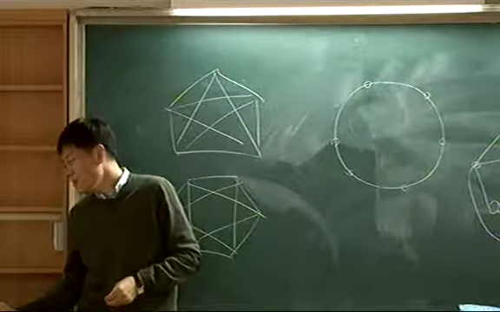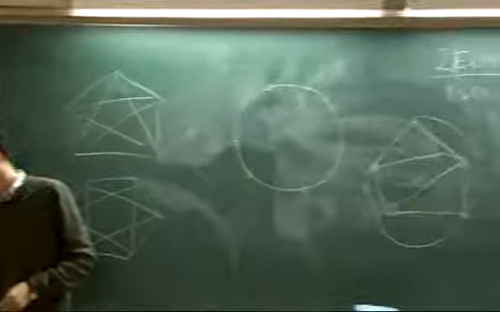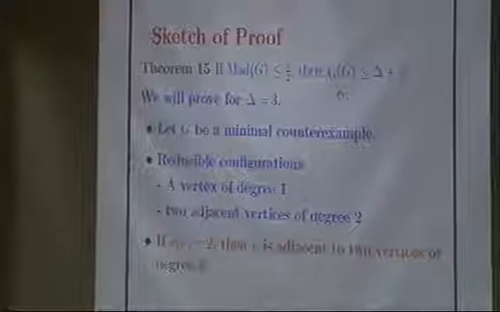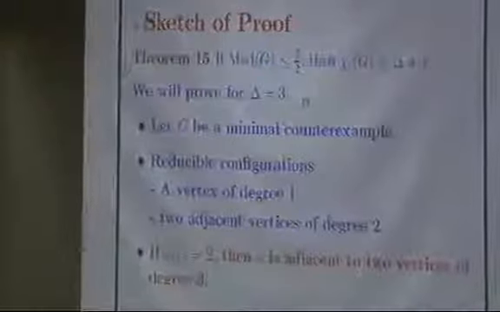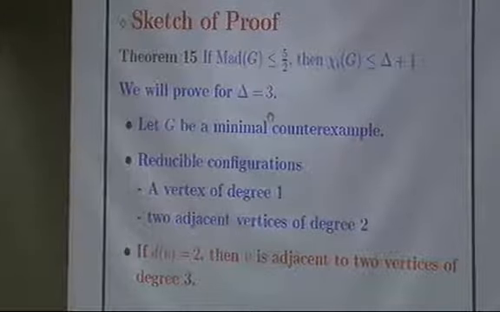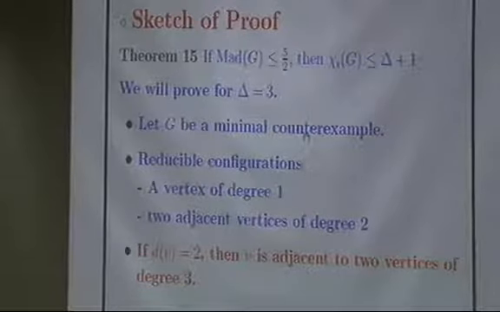So always okay. Let me explain a very brief sketch of one case. If maximum average degree is 5/2, then its upper bound is delta plus 1. And for the special case when delta is 3, our typical style is like this.